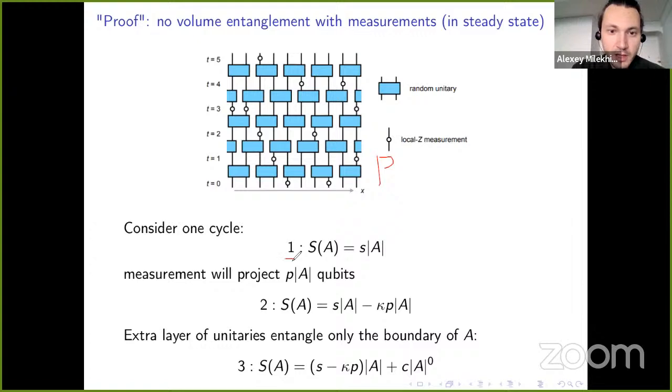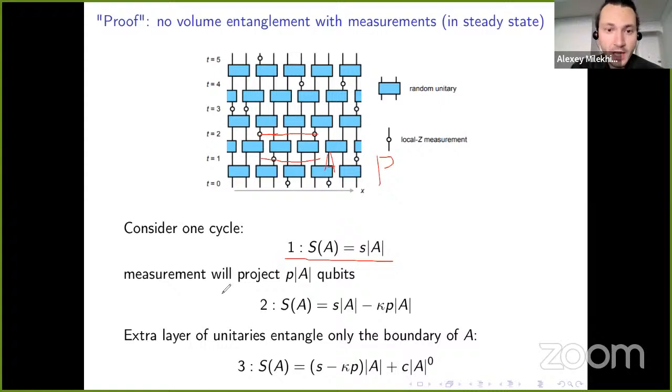So on some layer, I have volume law entanglement. So I again pick up some region A, on different slices. But stay on slice 1, I have a volume law entanglement in that state.